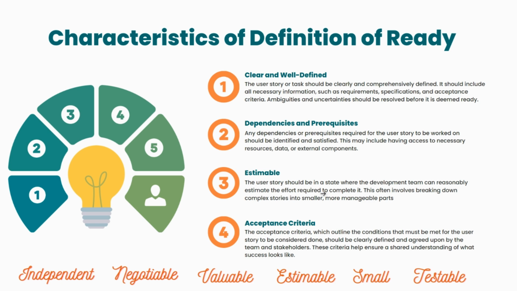I have written these 6 words at the bottom: independent, negotiable, valuable, estimable, small, and testable. So whatever the characteristics for a user story are, the same have to be followed here. If that is being followed, then our definition of ready is done.